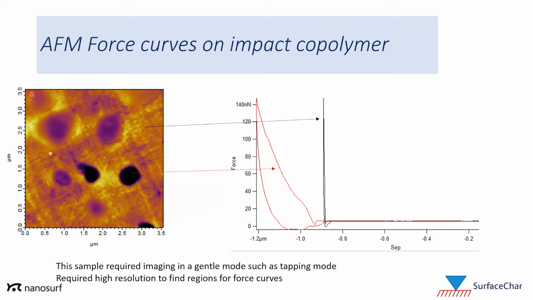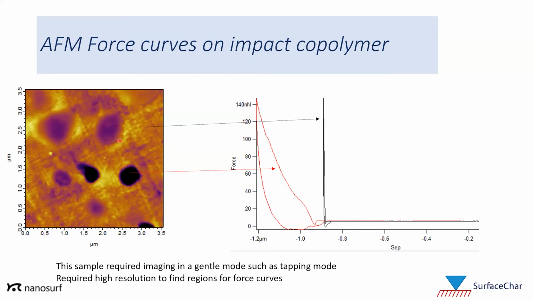Here we have a 3.5 by 3.5 micron image of a blend of polypropylene in the background that has been impregnated with these rubber domains that are only a few hundred nanometers big. We use an AFM to image this. Imaging this in contact mode is actually very difficult because the rubber would smear. So you really need to image it in a gentler tapping mode technique.